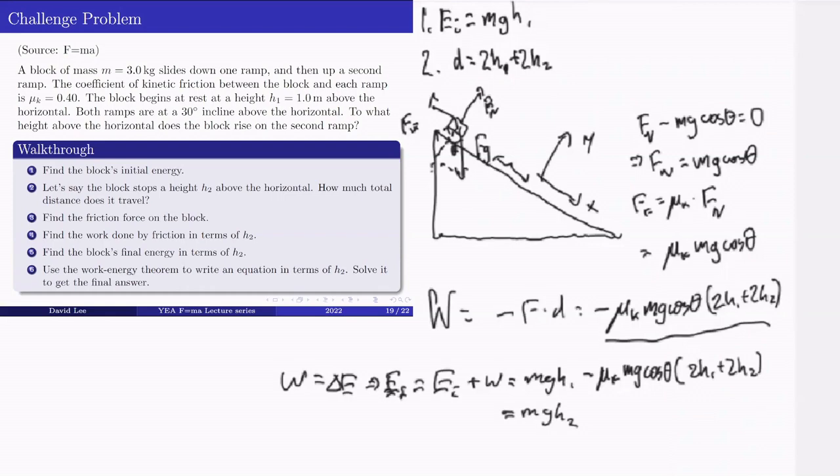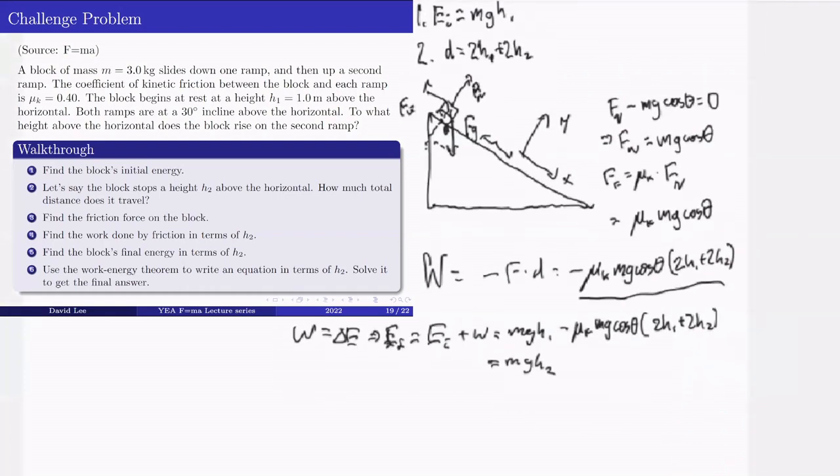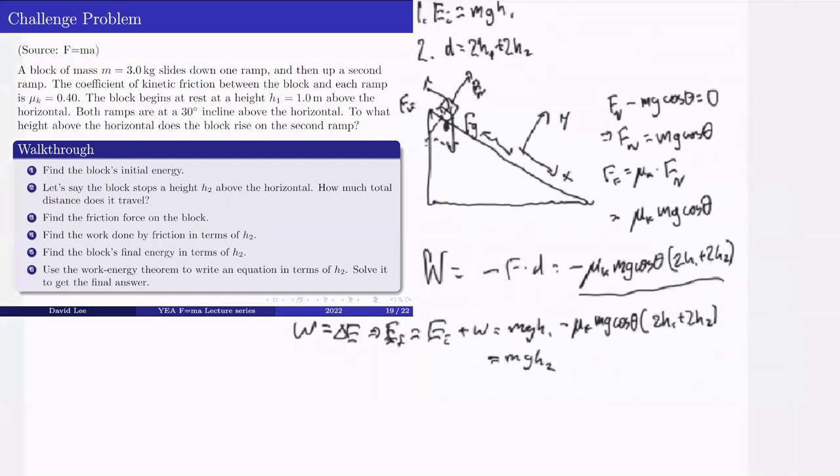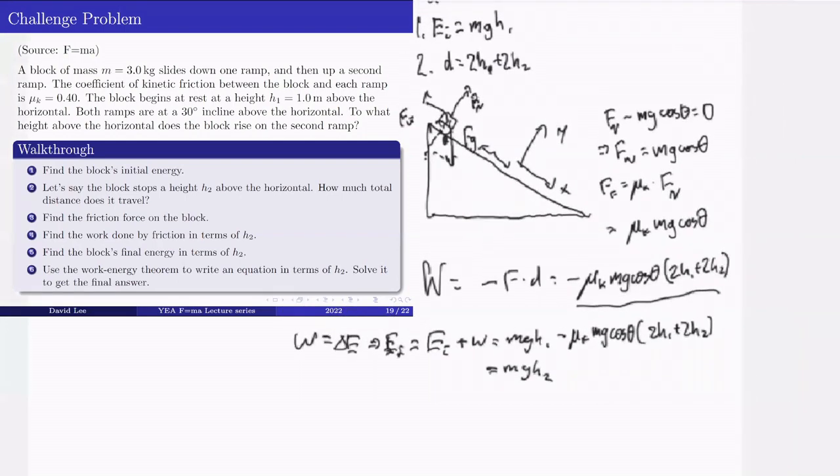And we should get something like, let's just solve it really quickly here. mgh1 minus 2h1 mu k mg cosine theta minus 2h2 mu k mg cosine theta equals mgh2.